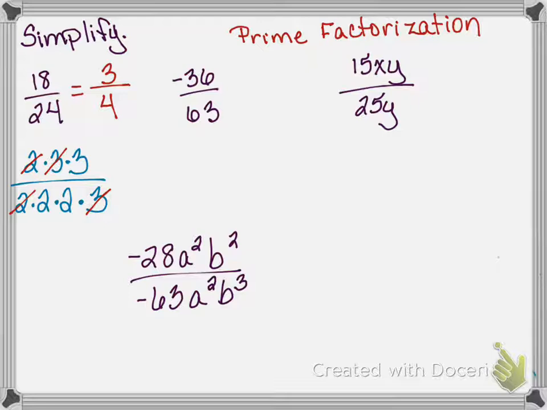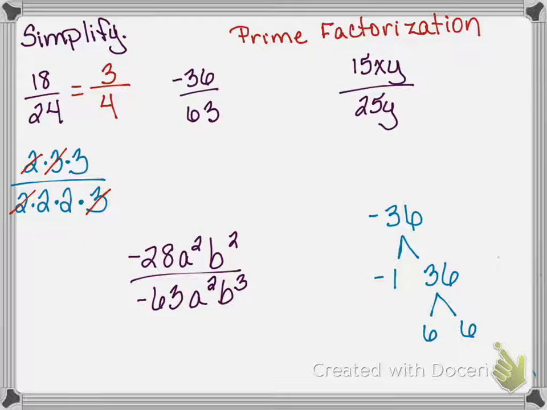Now, we're going to break down negative 36. The first thing that we're going to take out of negative 36 is the negative 1. So negative 1 times 36, that's the first thing. Then I can break 36 down to 6 and 6. I could say 12 times 3, or 9 times 4.